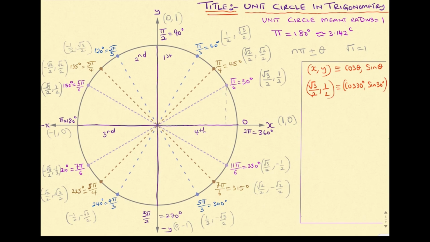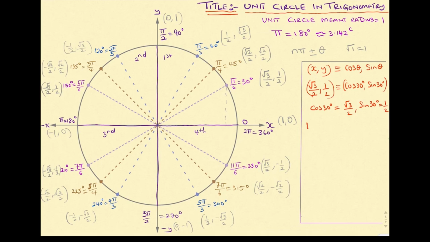So cos 30 degrees equals root 3 over 2, and sine 30 degrees equals a half. You can put those values in, and you can see that they correspond to the sine and cosines of the angles. So the x coordinate is a cos and the y coordinate is a sine.